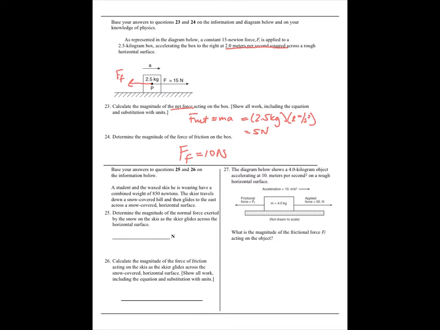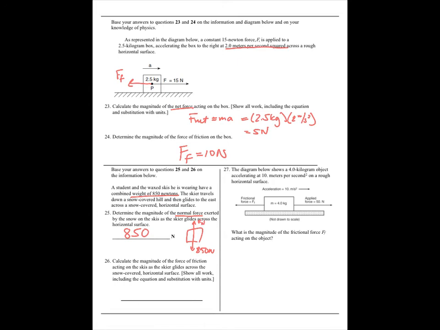Alright, 25 and 26. We are looking at a person with a weight of 850 newtons, along with the skis. F of G. Pushing back up is the normal force, that's equal and opposite to the weight, and that's what it's asking for, the normal force. So because the weight is 850 newtons, so will the normal force.